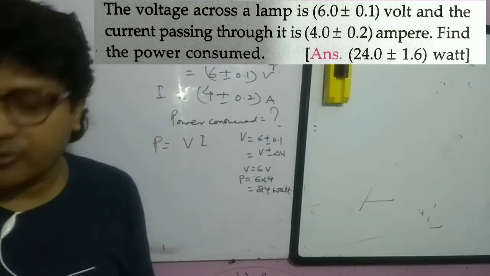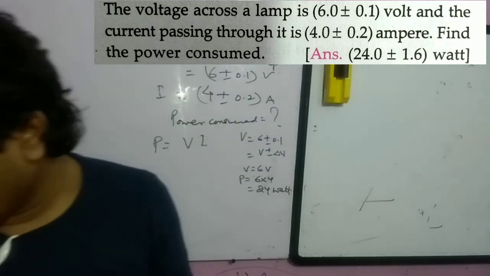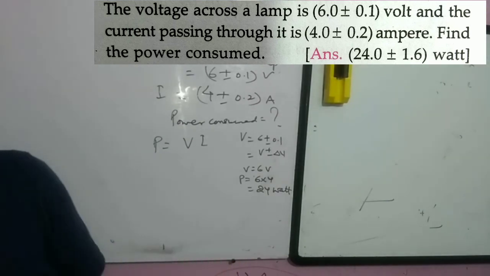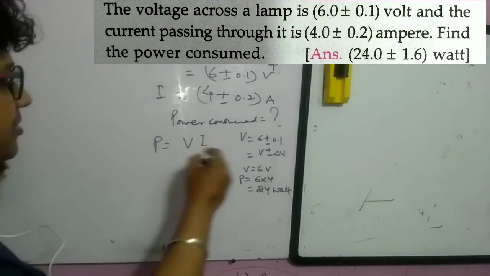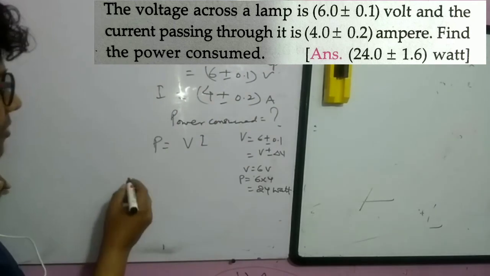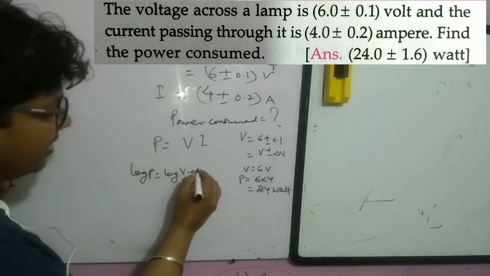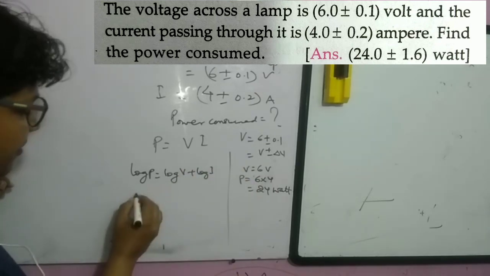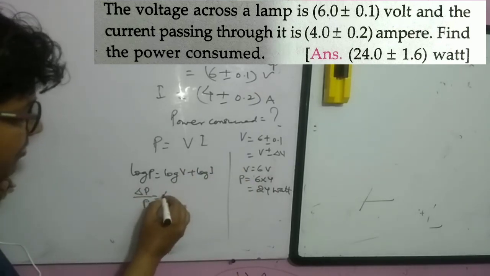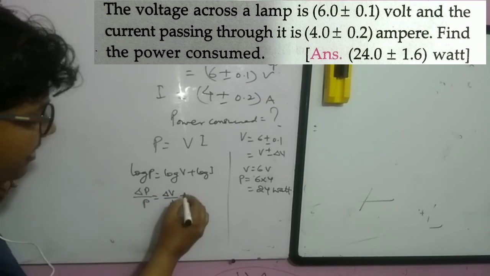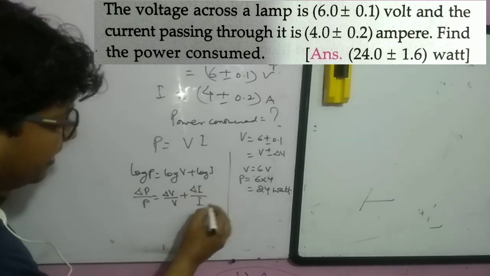But you have to consider in percentage or in error term also. So this is your power. Now log P will be equal to log V plus log I. What will be? Delta P by P is equal to delta V by V plus delta I by I.